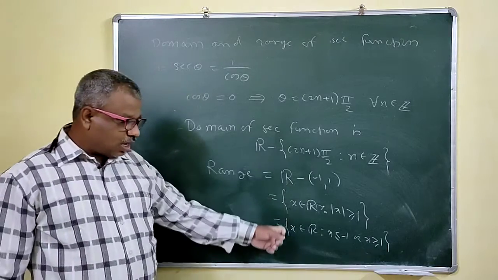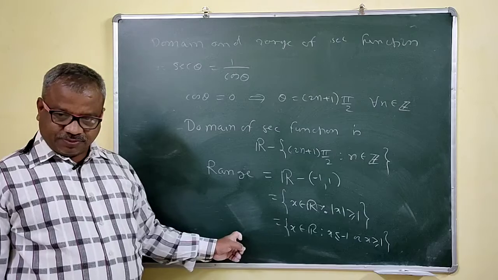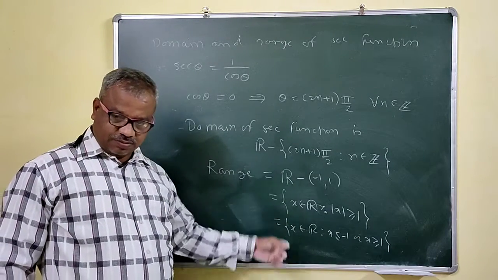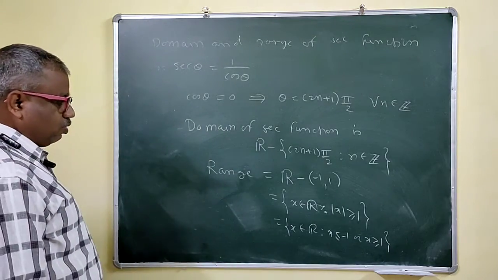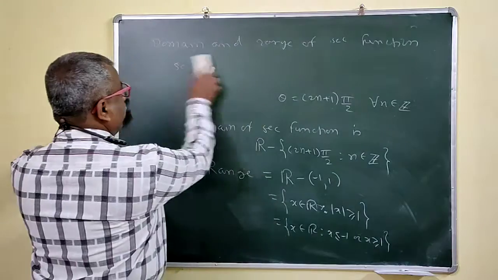The meaning of all is the same, only the way of writing is different. All are the same set. So this is the way of writing sets in various forms.